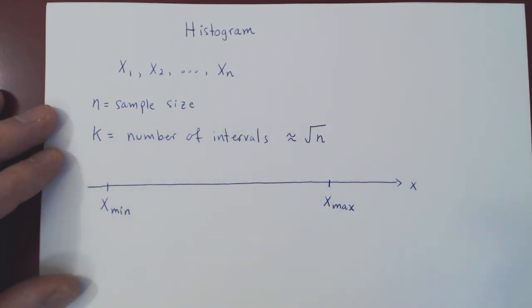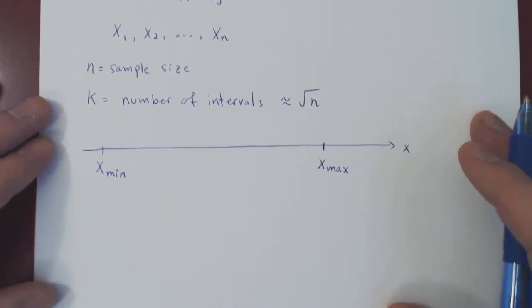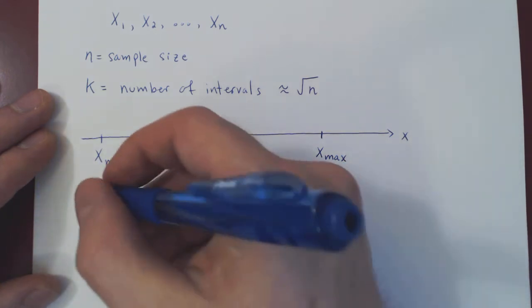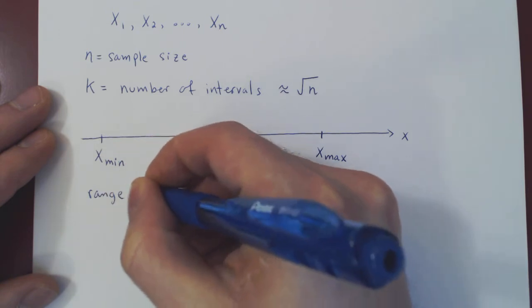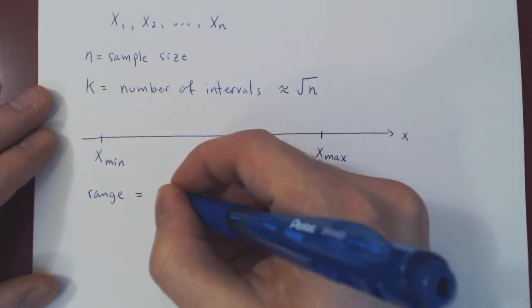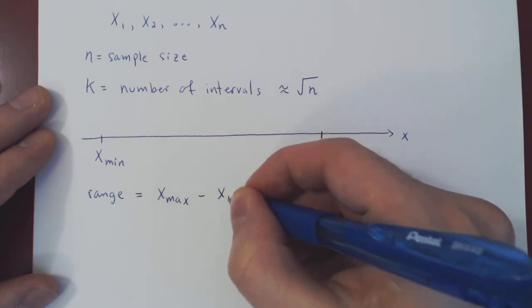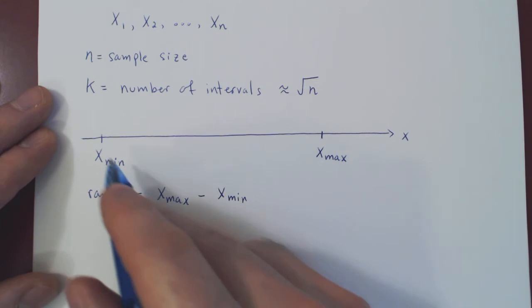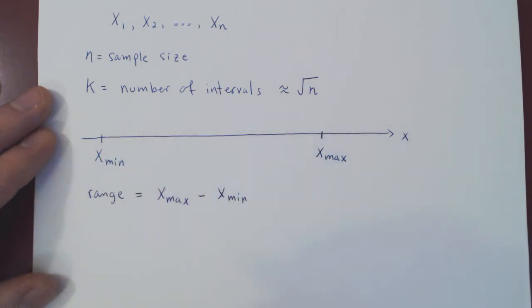We'll naturally take intervals of equal length. Let's first compute the range, so the length of our interval. The range is the maximum x value minus the minimum x value. And the range, of course, is the length of this original big interval.